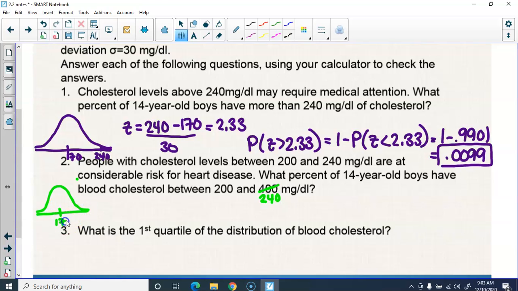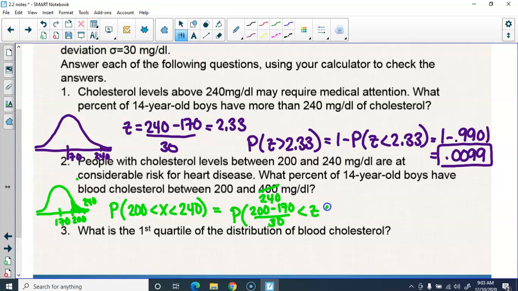So here's our 170, 200 would be here, and 240. Remember, when we're calculating area between, probability of x between 200 and 240, we have to turn those both into z's. 200 minus 170 over 30, which is going to turn them into z's.